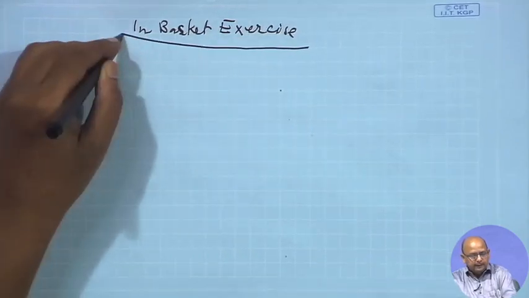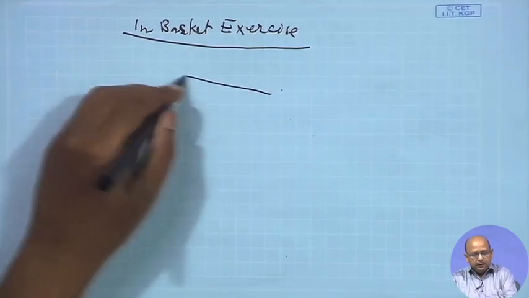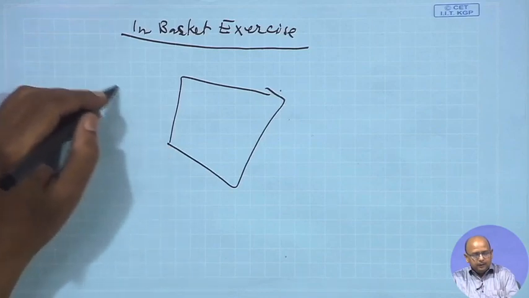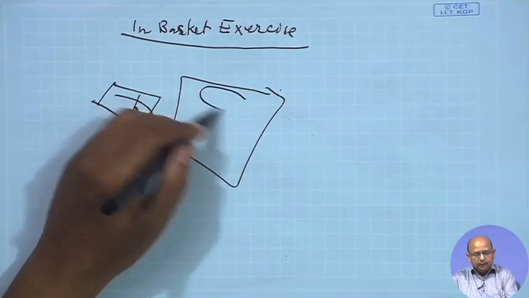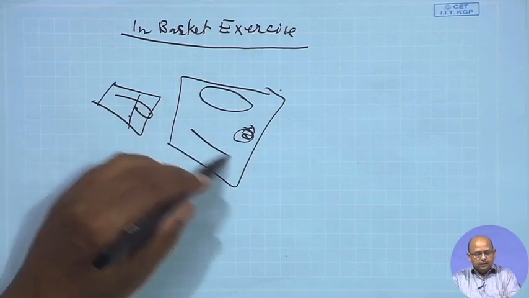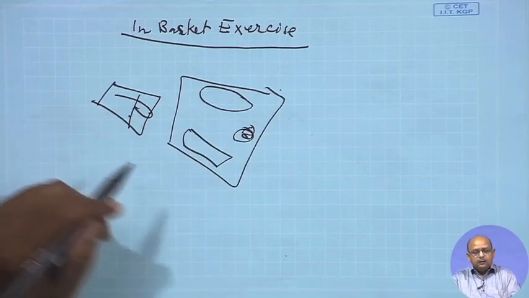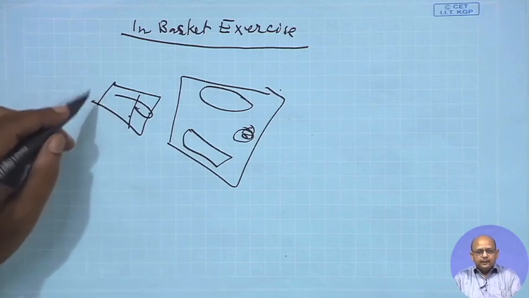So, in the in-basket exercise what happens? There is a table, there is a chair and the person is sitting here. There are a lot of files, there is a telephone, there are other things, and you are going to enact a manager.